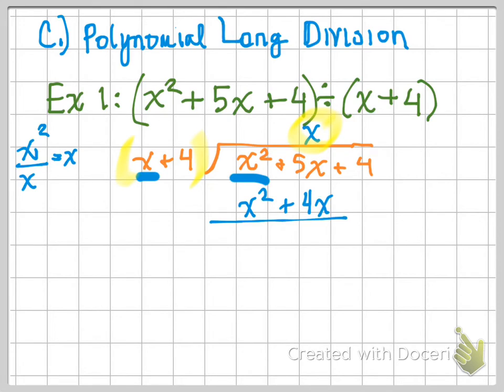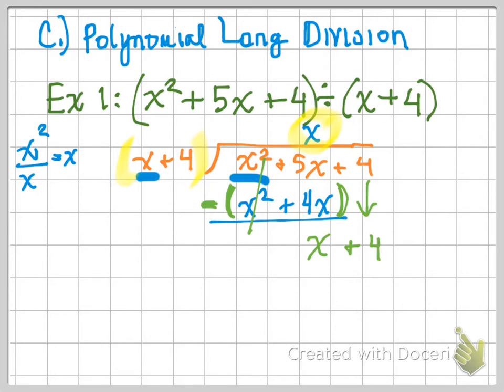Okay, so the next step now in long division is to subtract what I just multiplied from what's directly above it. So it's really important that you put this in parentheses so that you remember that you are subtracting, and you should be very careful with your signs here. So I'm doing x squared minus x squared, which is 0, right? That's going to cancel. And then I'm doing 5x minus 4x, which is 1x. And then I'm going to bring down the last term in my polynomial, which is 4.